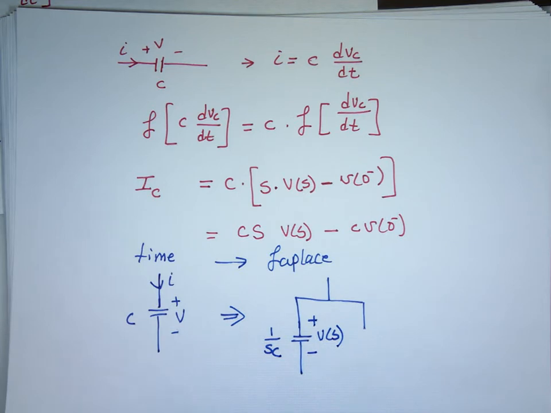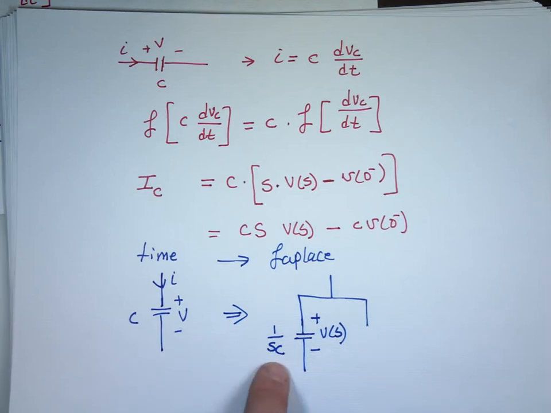I'll wait till you finish writing. What is 1 over sC? It's the value of this impedance.